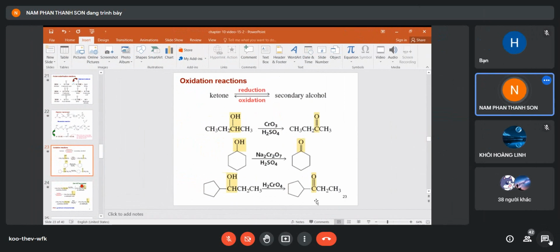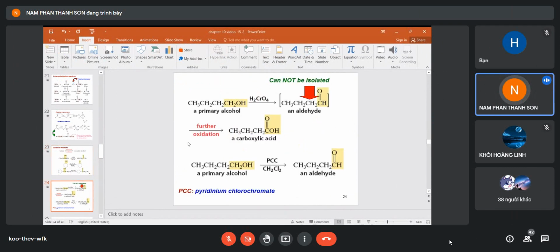Of course, alcohols can be oxidized. Secondary alcohols can be oxidized to ketones, and primary alcohols can be oxidized to aldehydes first. The thing is, it's very easy to oxidize an aldehyde to a carboxylic acid.